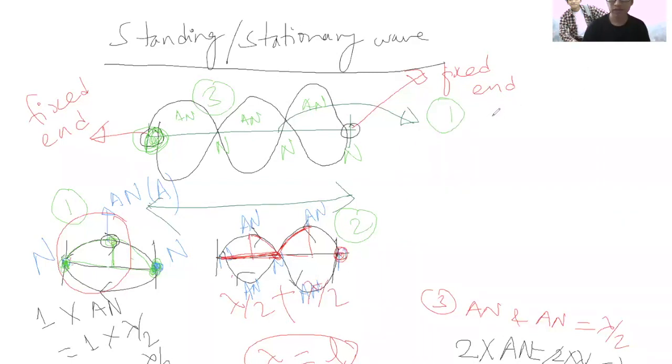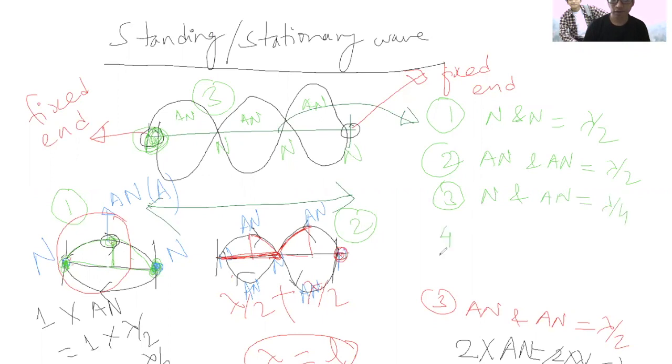So in general, the conclusions are: first, the distance between two consecutive nodes is lambda over 2. Second, the distance between consecutive antinodes is lambda over 2. Third, the distance between a node and a consecutive antinode is lambda over 4.